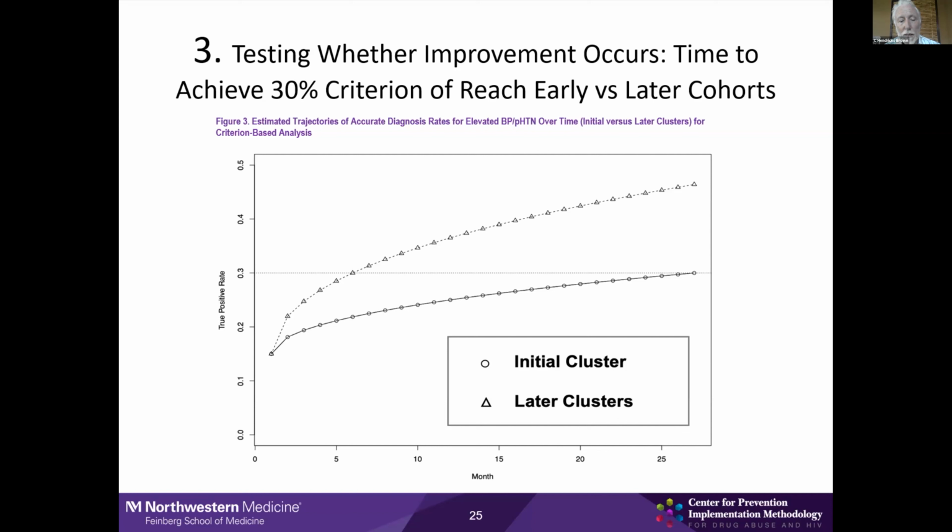So the bottom line is here is what a statistical power analysis suggested: that the first clusters, the initial clusters, would get to achieve 30% reach into a defined outcome of what they were delivering, versus one where the later clusters would get to there in 5 months rather than 25 months.